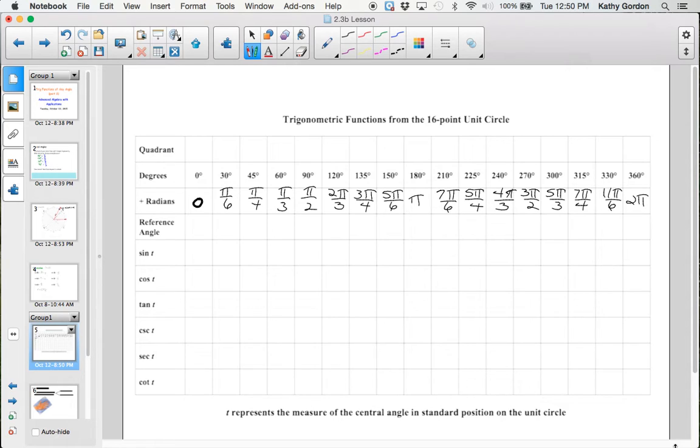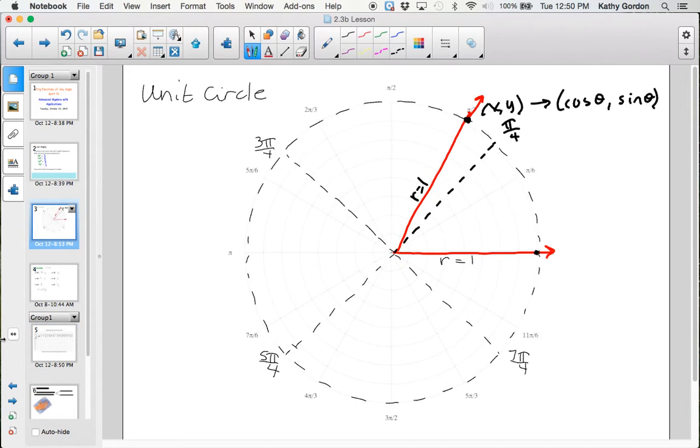There's even a pattern within each half. 6, 4, 3, 2, 3, 4, 6. It's not a coincidence. So use that pattern. It's what you see on the circle side as well: 6, 4, 3, 2, 3, 4, 6, nothing.